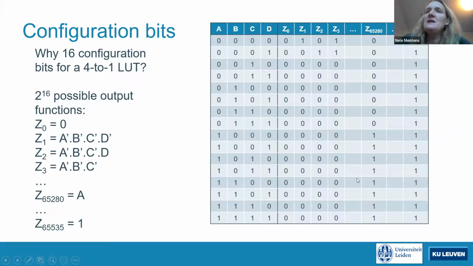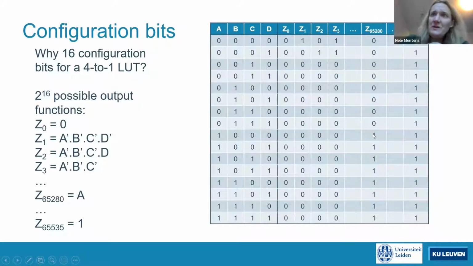So in this way, we can make any functionality. For example, Z0 is the same as the function that just outputs 0 all the time. Z65535 is the same as the function that always outputs 1.